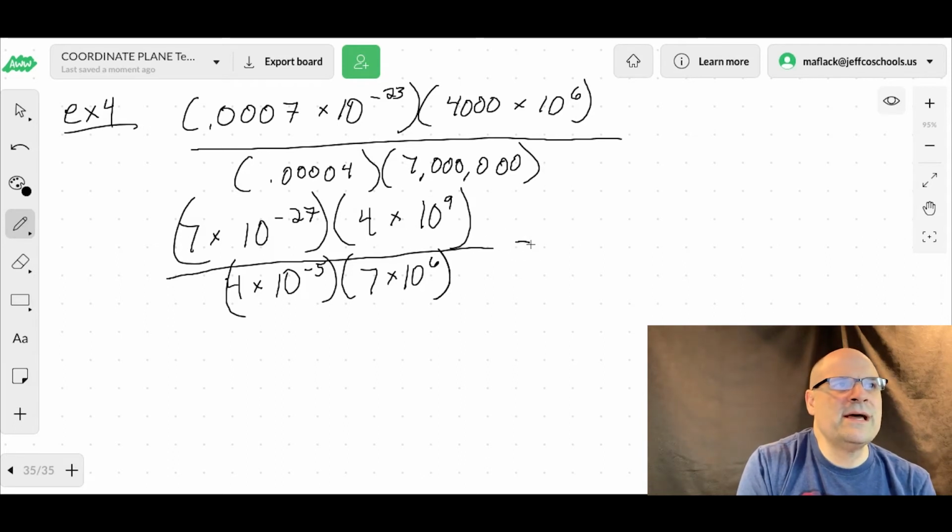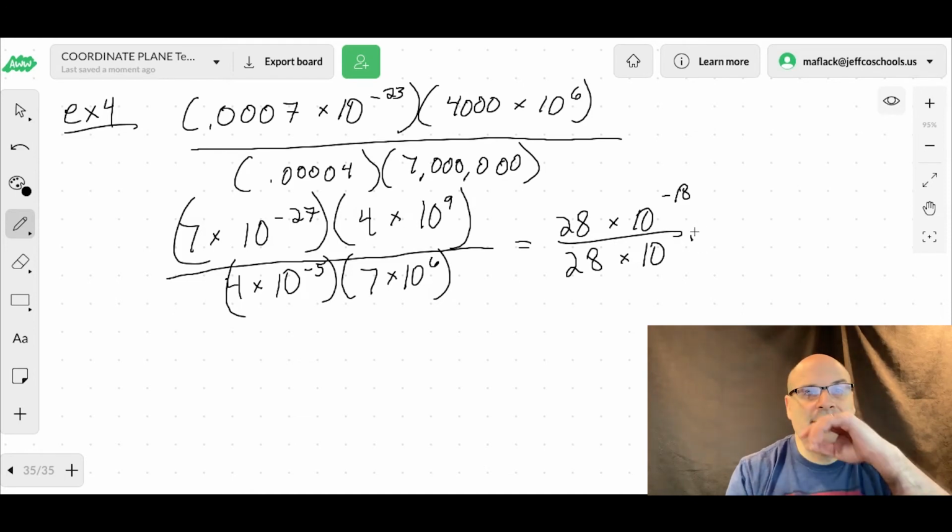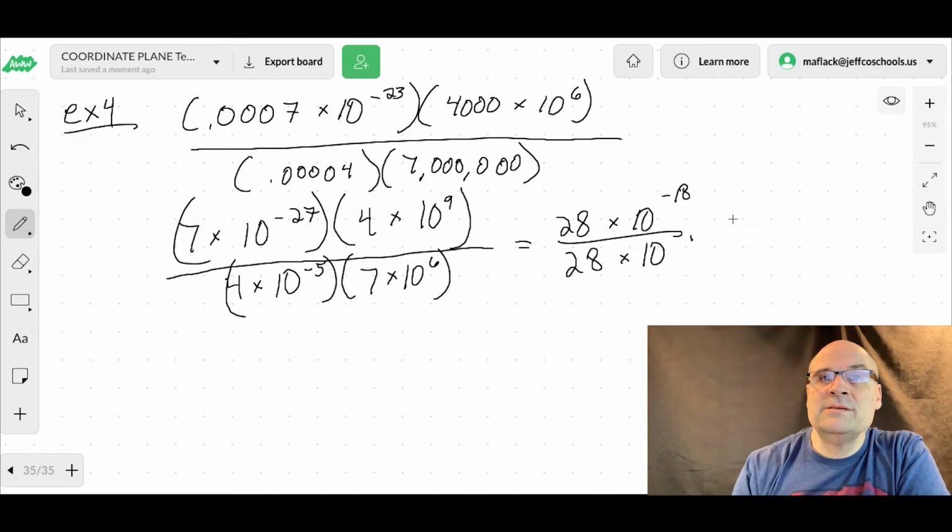Okay, so let's do that math. We get 28 times 10 to the, add these exponents together, negative 18. And then 28 times 10 to the, add these exponents together, positive 1. Okay, so now what we have is this division problem, 28 divided by 28.